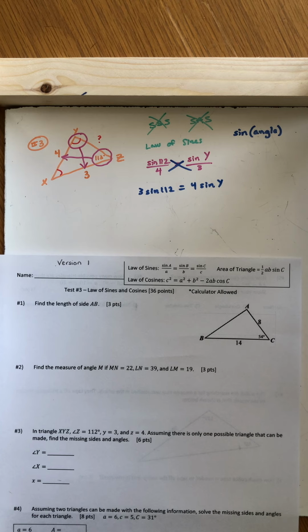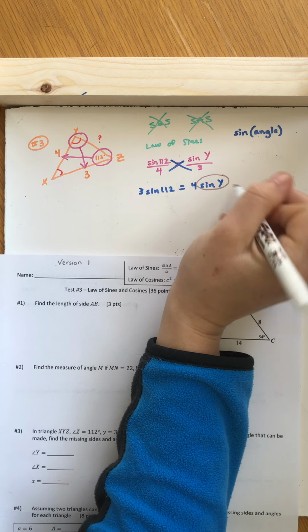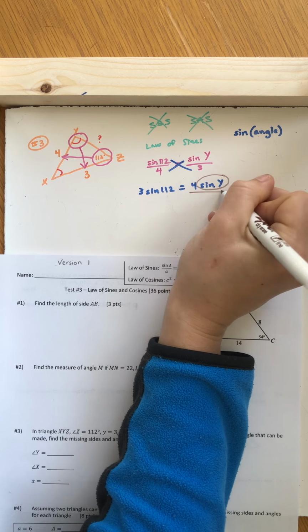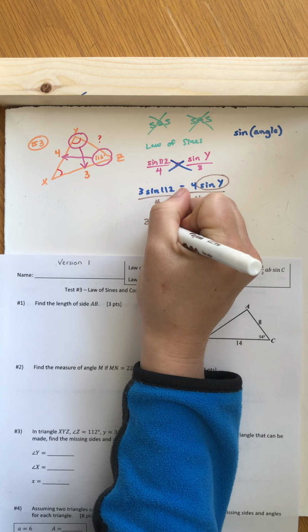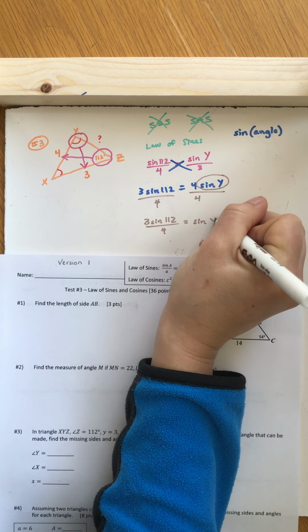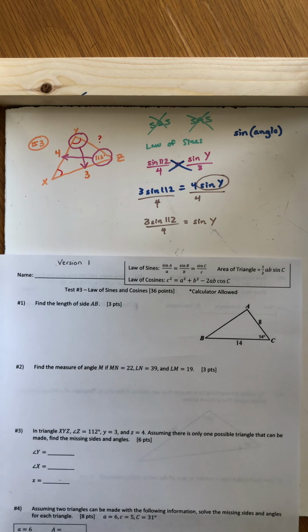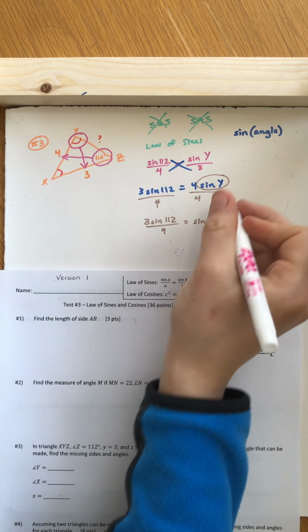Now the sine and the Y, these are stuck together. You can't break them apart quite yet. So first you have to divide by 4. Now we can get rid of the sine, and you get rid of the sine not by dividing, but taking the inverse.